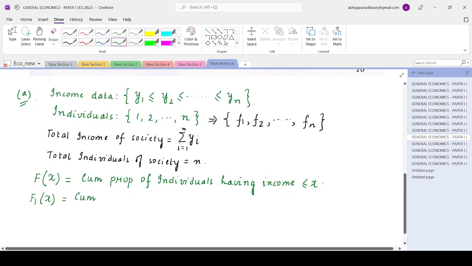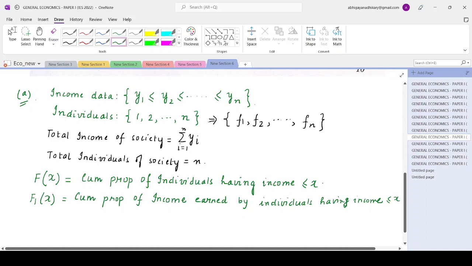It is basically the cumulative proportion of income earned by individuals having income less than or equal to x.